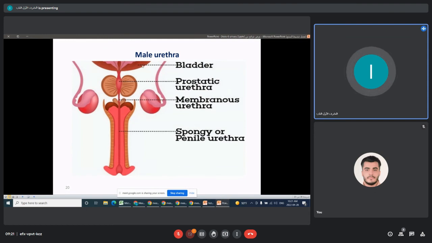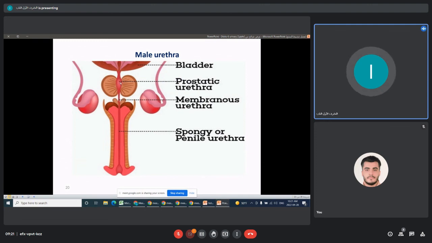This is the male urethra, which is longer and divided into three different parts, starting from the prostatic urethra here. This is the seminal vesicles, the duct from the vas deferens, and the seminal vesicles form the ejaculatory duct, and the ejaculatory duct joins the prostatic urethra here in the prostatic gland.